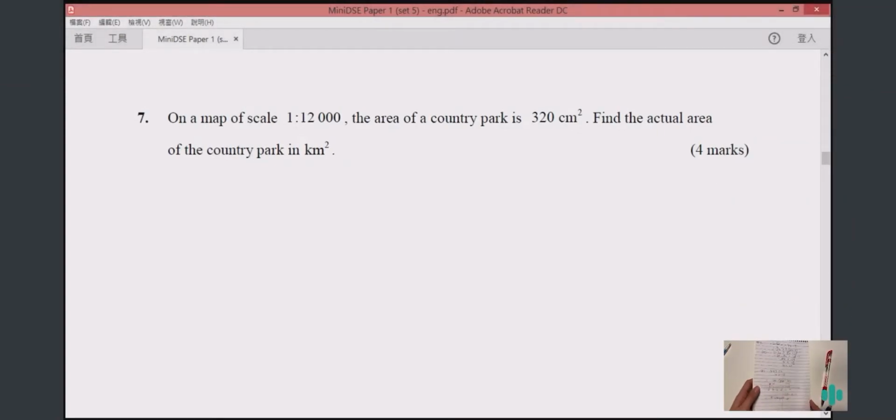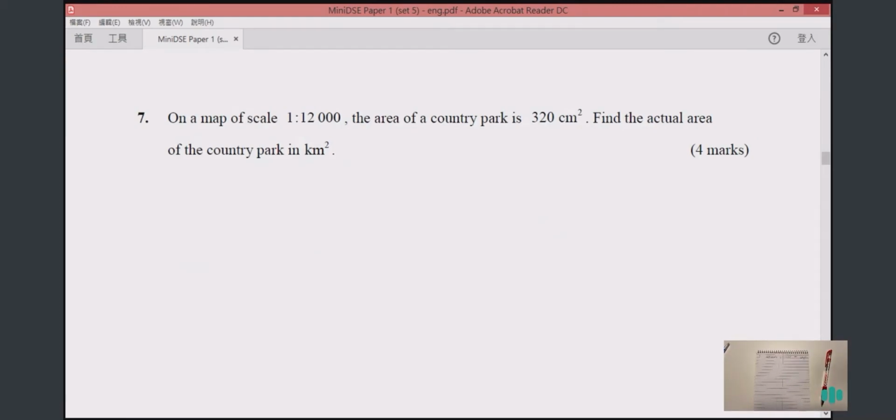Okay, this one is about scale. First of all, it is a scale 1 to 12,000. It is a linear scale, and then if the area of the park in the map is 320, so this scale is linear, it is about length.